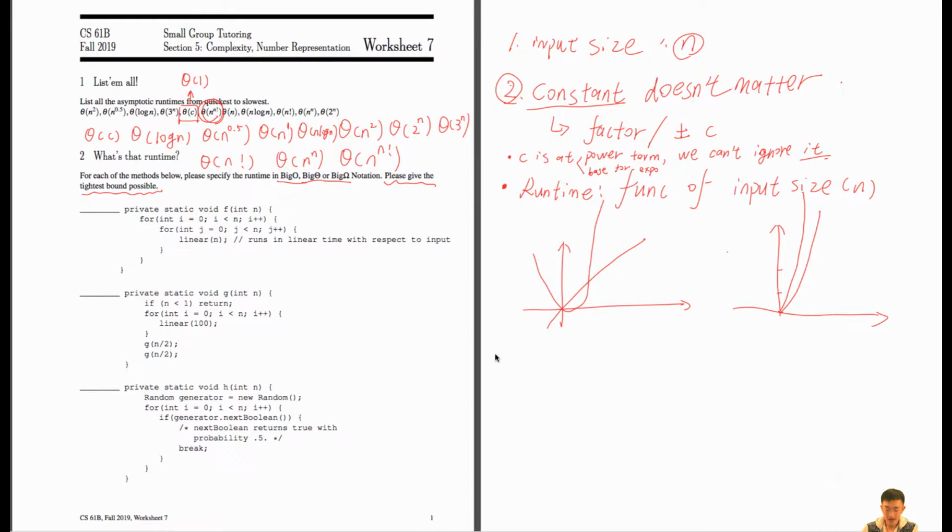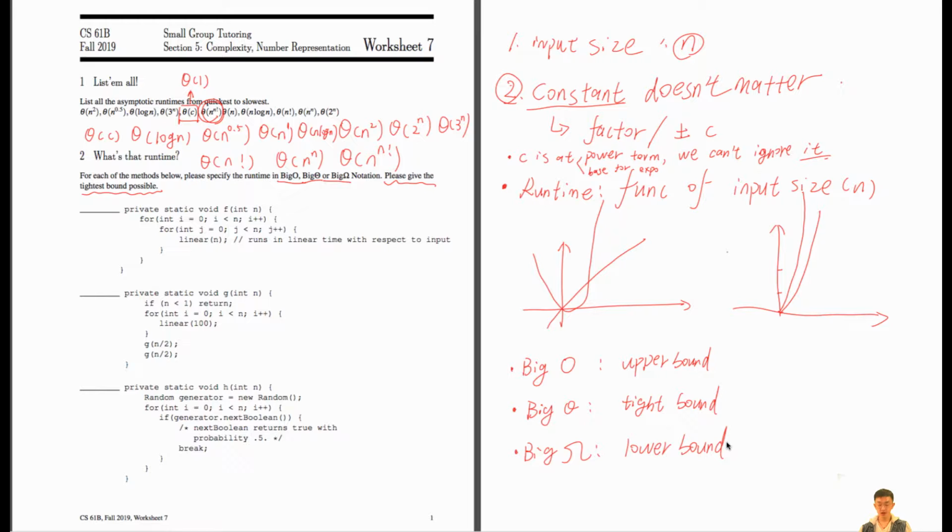Just as a quick recap, a big O is the upper bound. A big theta is a tight bound. And a big omega is the lower bound.